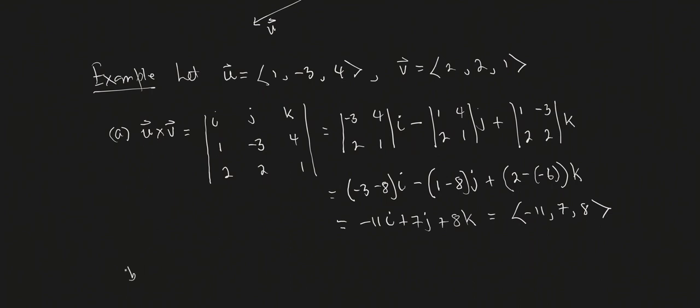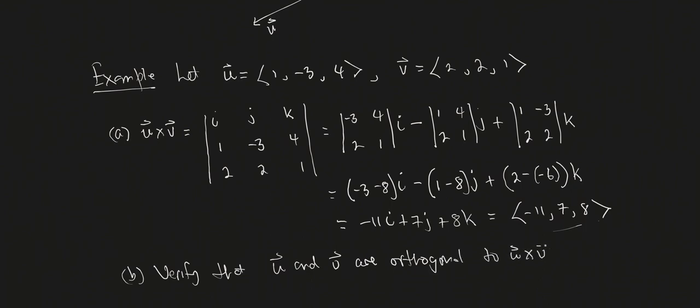Let's, in part B, verify that this cross product, this vector, is orthogonal to both u and v. So verify that u and v are orthogonal to u cross v.